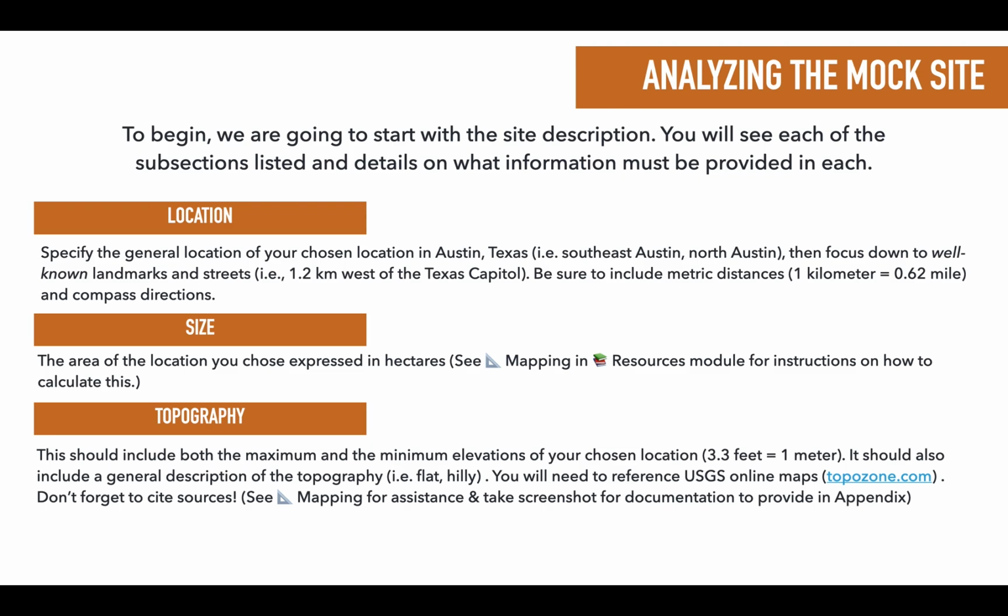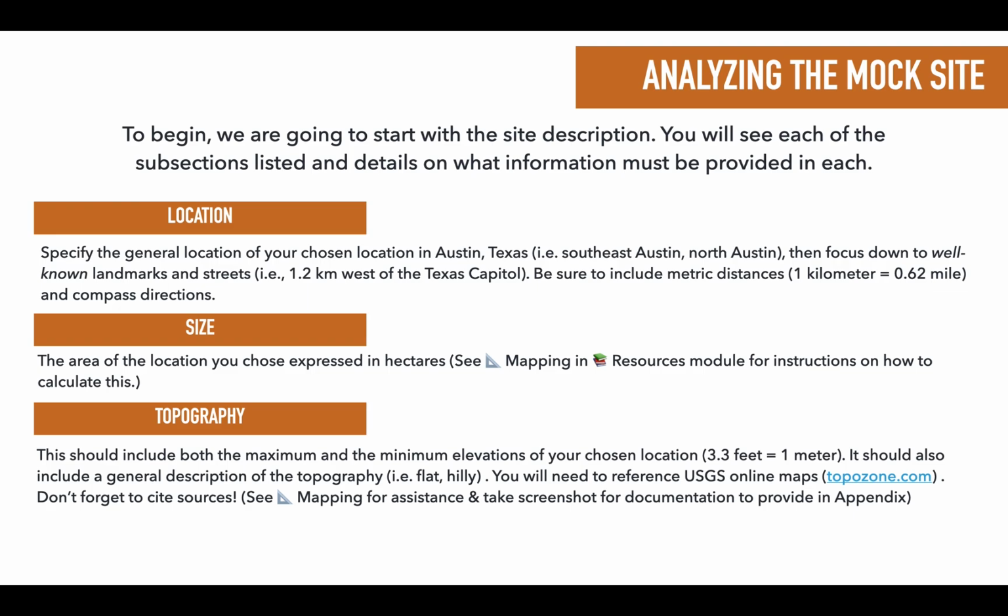The second thing that you're going to do is to provide a more in-depth understanding of where it is. This is to provide some key points that an outside audience might be able to recognize. So you want to use well-known landmarks associated with the city of Austin that would help an outsider understand, okay, it's relatively over here, or it's relatively in the center of the city or not. That might be the Texas Capitol, the state Capitol building.